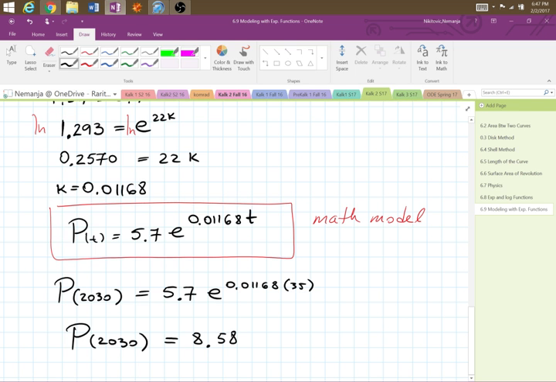Now I'm keeping 2 decimals because the input values were 2 decimals. And we see that we are projecting to have 8.58 billion in 2030. Okay.